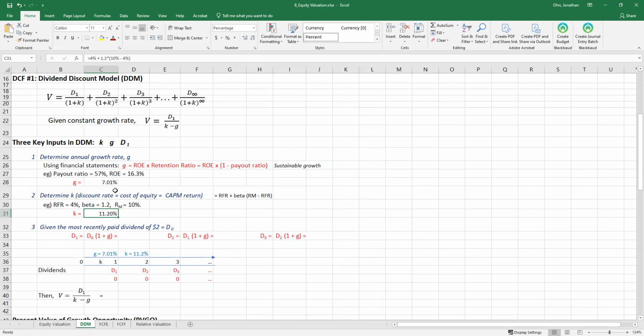Now, we calculated two factors. The remaining factor is D1.